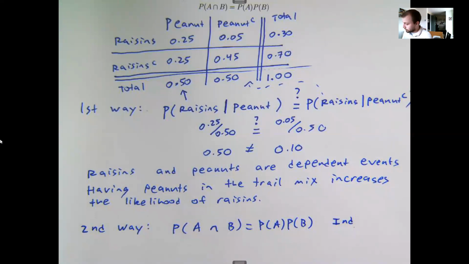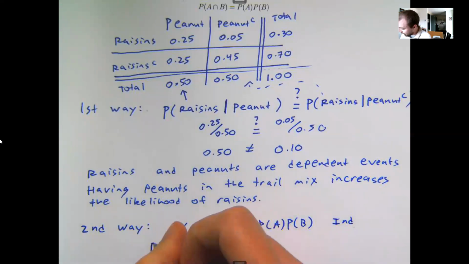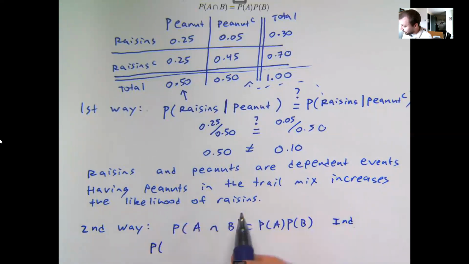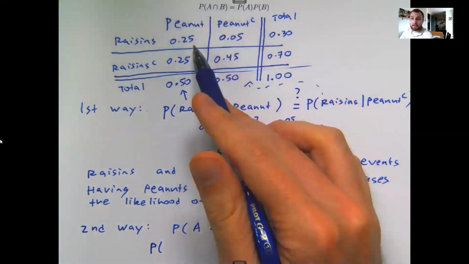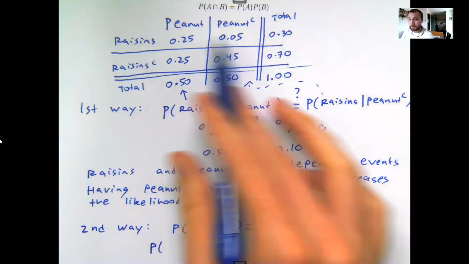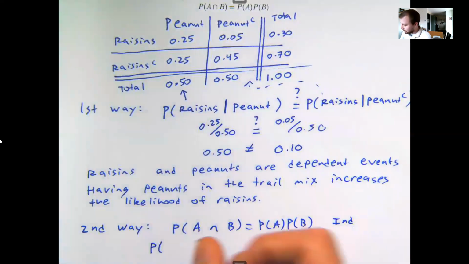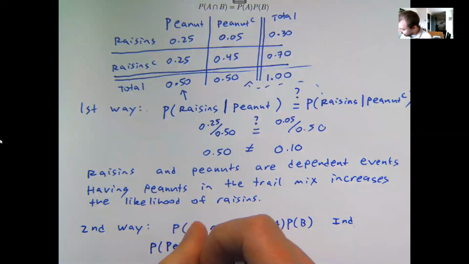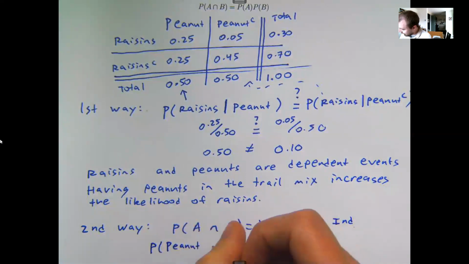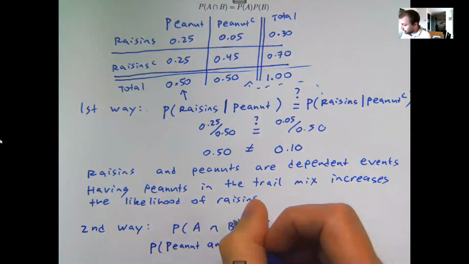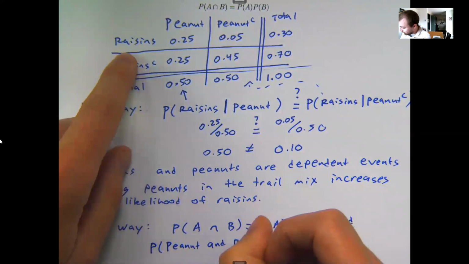Let's try that out for this problem. So I'll have the probability of, and I'm just going to pick any events that I have. I'm going to pick one of these events to be A and another to be B. So let's look at the probability of peanut. And for B, let's select raisin.